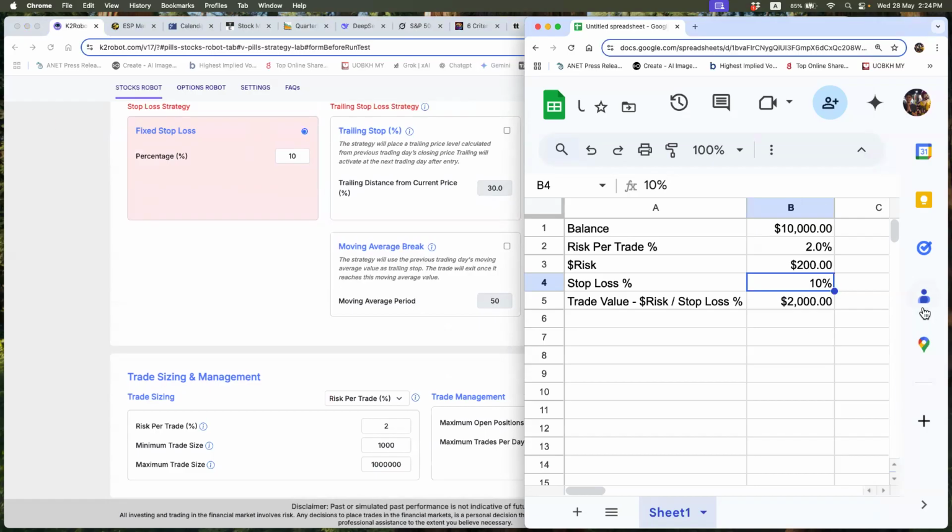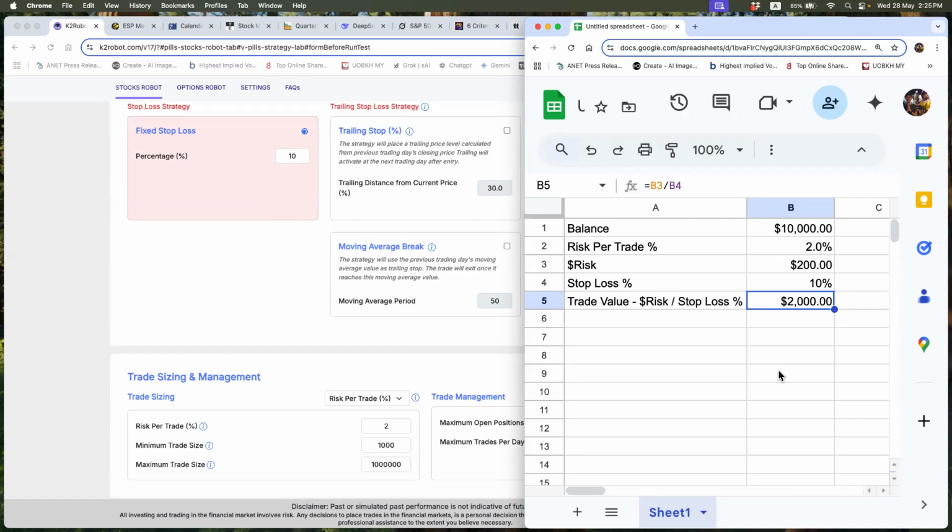So if your risk per trade is only $200, and that is 10% of the stock that you're going to buy, then your trade value, which is your 2% dollar risk of $200 divided by your strategy's stop loss percentage, which in our case is 10%, will be 2,000.